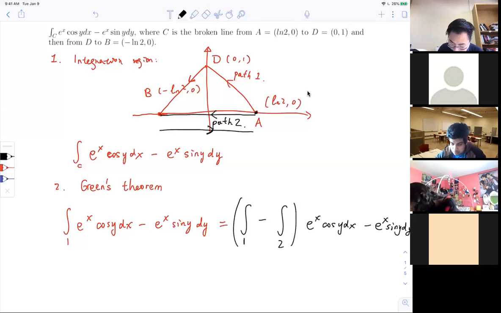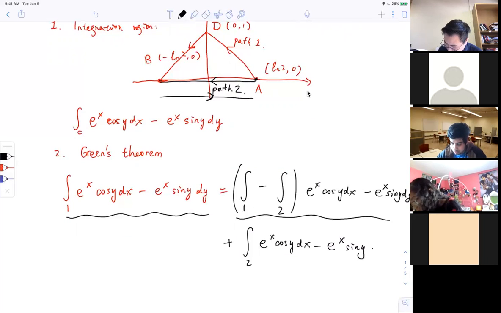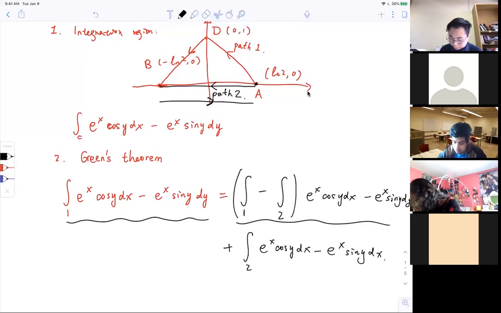This is cosine y dx minus exponential x sine y dy. But this is not equal to the original, so to make them equal, we add another path 2. You can say this plus 2 cancels with this minus 2, leaving the plus 1.